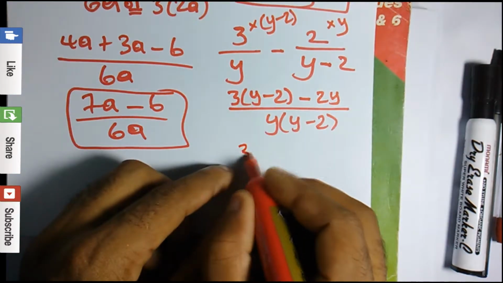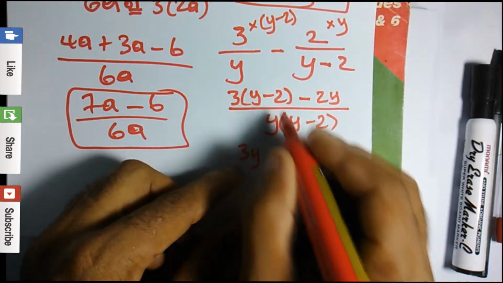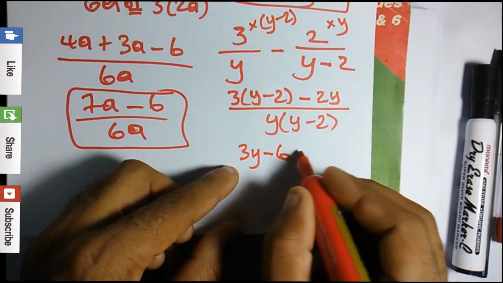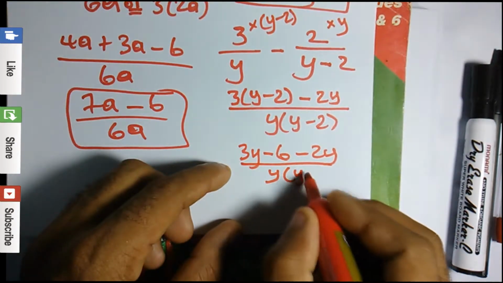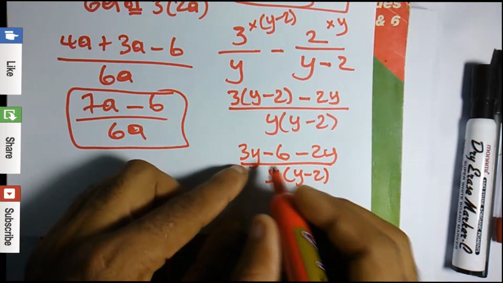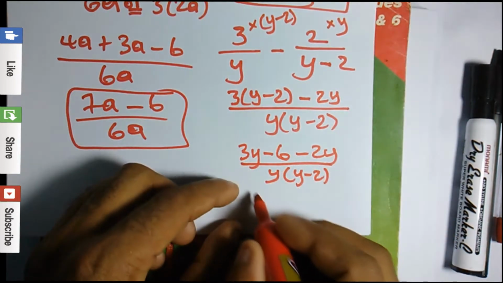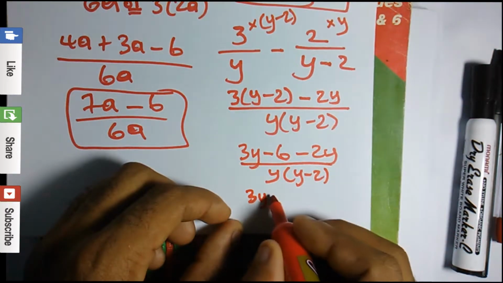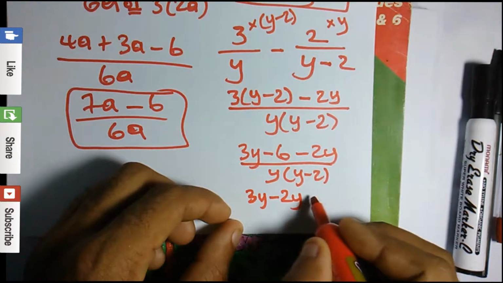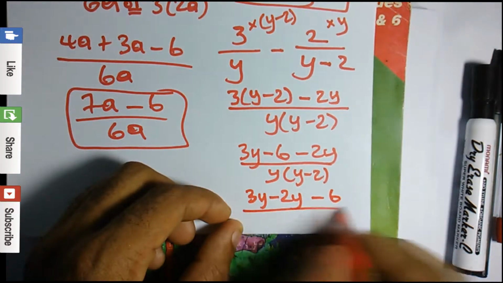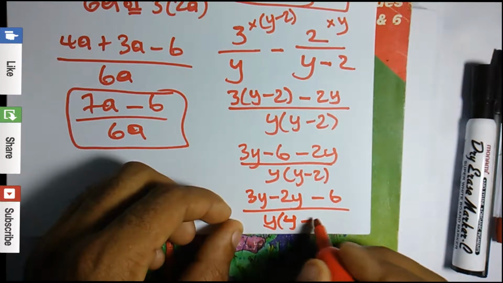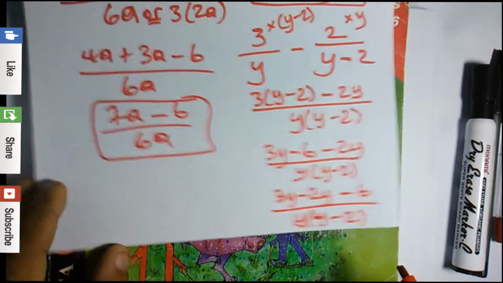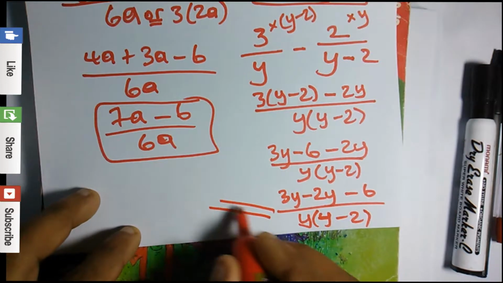So we apply distributive law here. So 3 times y is 3y, 3 times minus 2 is minus 6, minus 2y, all over y times y minus 2. Then we would collect like terms and simplify. So it's 3y minus 2y minus 6 over y times y minus 2.